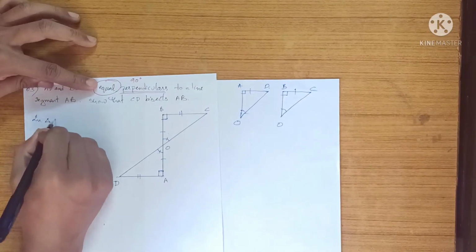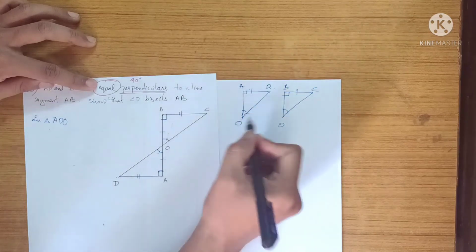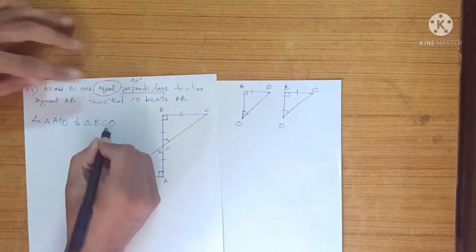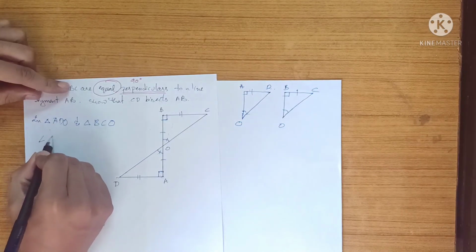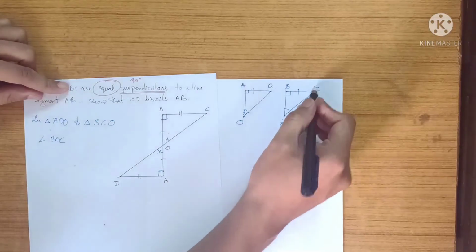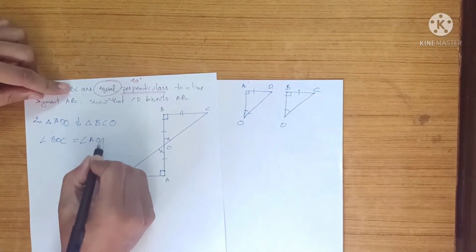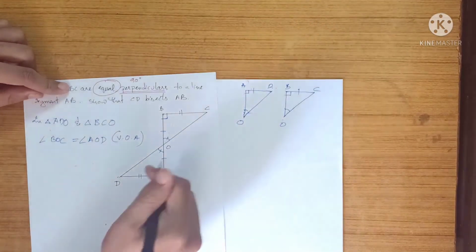So in triangle ADO and triangle BCO, right? Angle BOC is equal to angle AOD, vertically opposite angles. It doesn't matter which angle you write first.